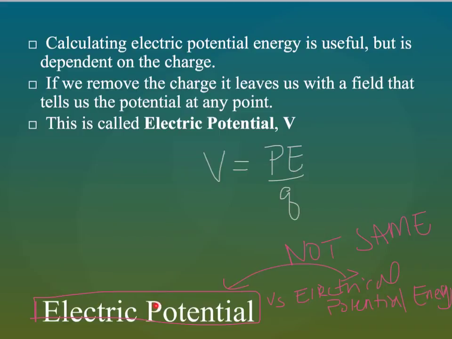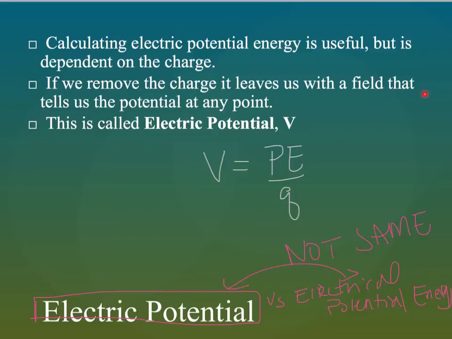Now, talking about electric potential, the electrical potential energy, as we talked about it before, is useful, but it depends on the charge. It depends on what charge is going on there. But like when we talked about electric fields and we got rid of the charge so we could see the field created by one charge, now we're going to look at removing this charge again.